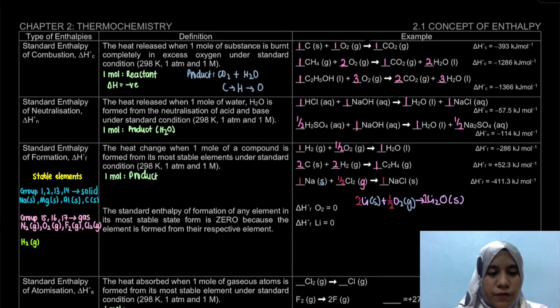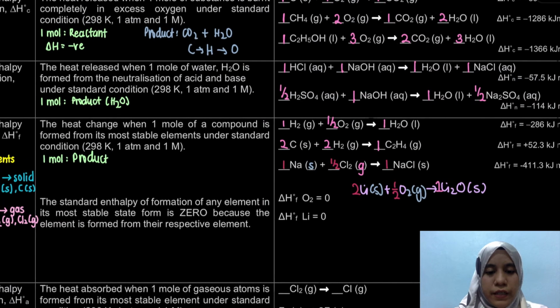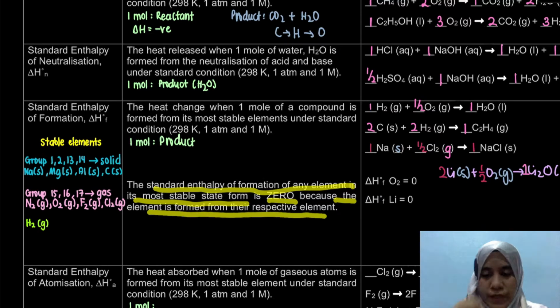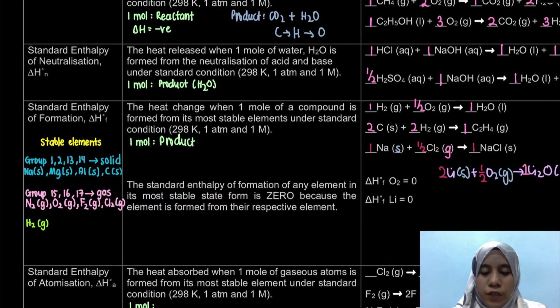Okay, the last part for the enthalpy of formation, here it mentioned that the standard enthalpy of formation of any element in its most stable state form is 0 because the element is formed from their respective element. So contohnya, kalau kamu tengok kita punya product and reactant is the same one, so the delta H will be 0. For example, kita tengok lithium lah. So here, lithium solid jadi lithium solid.